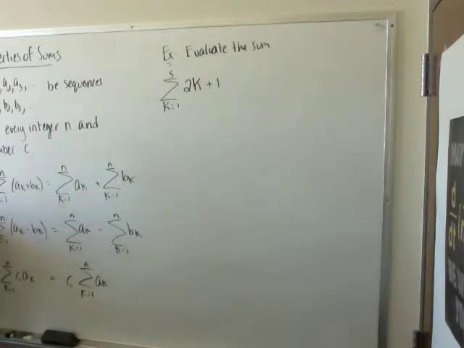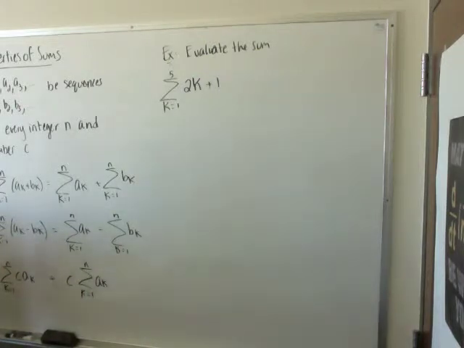And if we sum up a difference of two sequences, that's the same thing as adding up the first one and subtracting the sum of the second one. Okay? And finally, if I sum up a number times some sequence, I can take that number out in front, find that sum first, then multiply it.